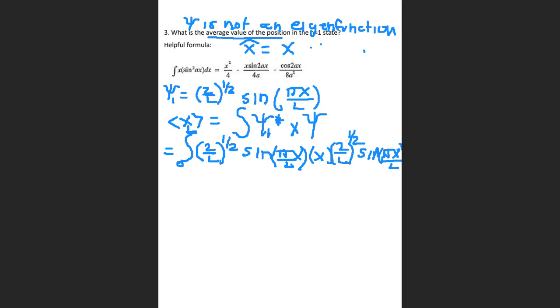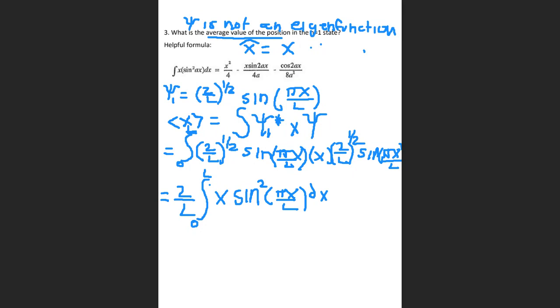Then I can simplify a bunch of stuff. Pull a couple 2 over L's to the 1/2 out. We've got 2 over L, and I'm integrating from 0 to L x times sine squared pi x over L dx.